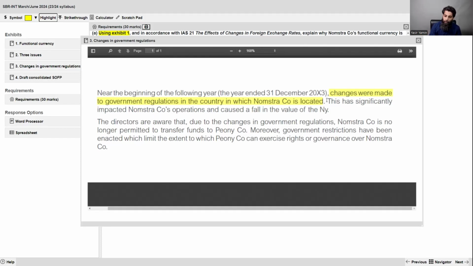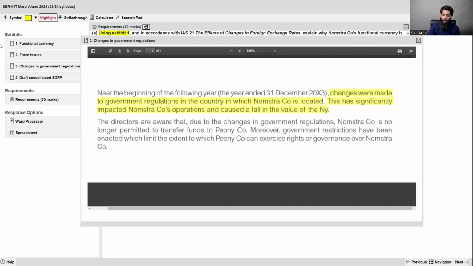This has significantly impacted Nomstra company's operations and caused a fall in the value of NI. So due to the impact of changes in government regulation, this has significantly affected the operations of Nomstra.